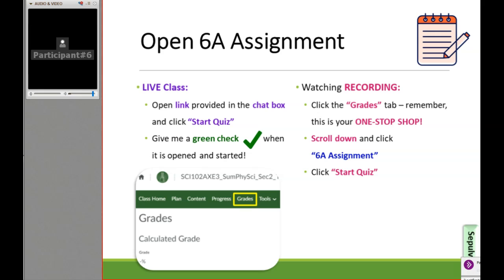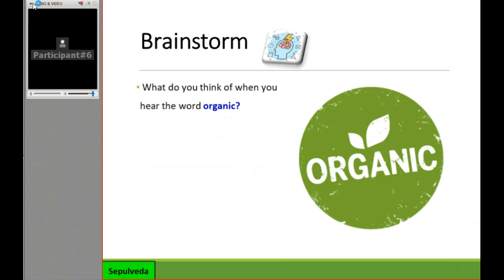I don't know why it does that. All right, let's go ahead and try that one more time. There we go. So there's a link up on the board for you if you want to get it from there as well. All right, I do need green checks from everybody. If I don't get your green check, I'll go ahead and check in with you in the check-in room. Waiting on green checks from Anne-Marie, from Jennifer, and from Anthony. All right, Anne-Marie, green checks, please. I know you just joined us, but I do need a response from you. Go ahead and give me a green check once you have your assignment open, or let me know in the chat box if something is going on. But I need some response from you, please. Perfect. All right, looking good, everybody. Let's go ahead and move on.